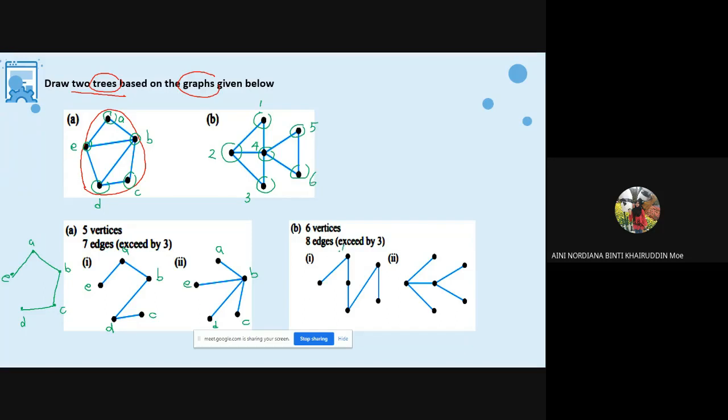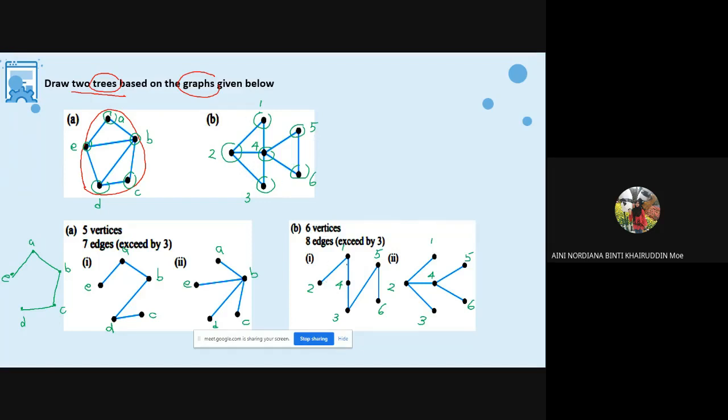Ini pun sama. So kalau keluar soalan macam ni, first you draw the vertex, follow the question.